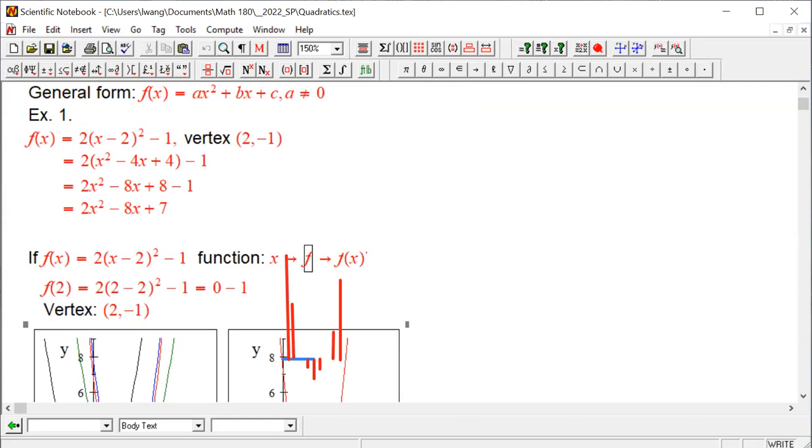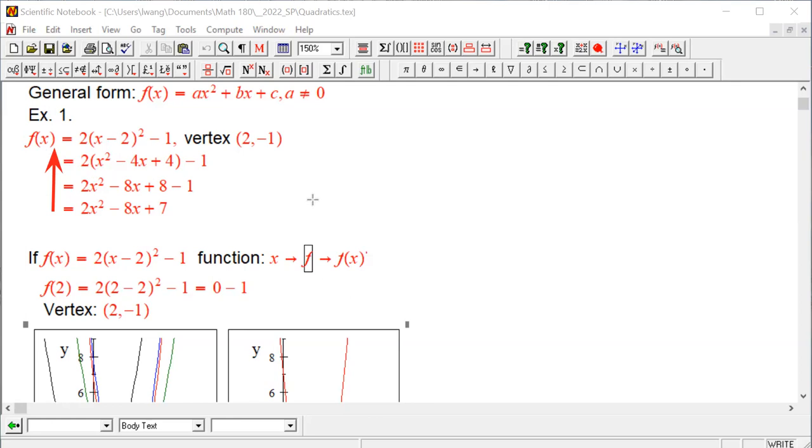So this is to show algebraically that if we have the perfect square form, then we can tell the vertex. The question is, if we didn't know the perfect square form, can we go back? Can we convert from the general form to perfect square form?